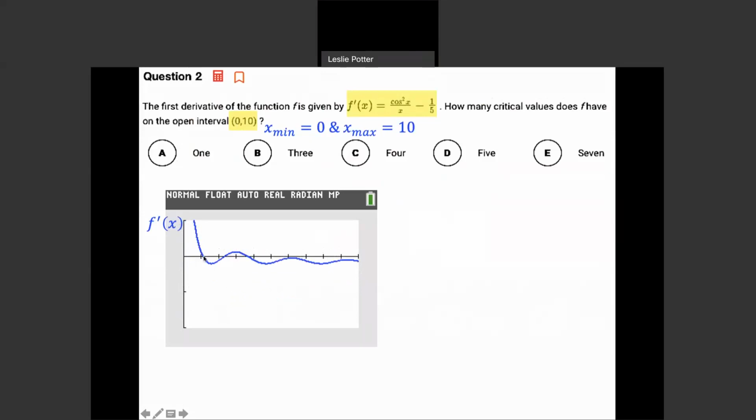So now I can see I cross here, and here, and here, and then all of this dips below. So these 3 locations are where the derivative is equal to 0. So we have 3 locations. We have no locations where it's undefined, where there are any gaps in the values. So we have 3 critical points.